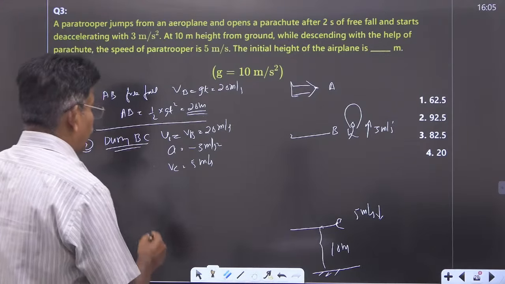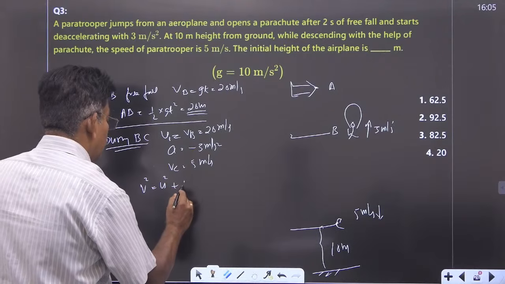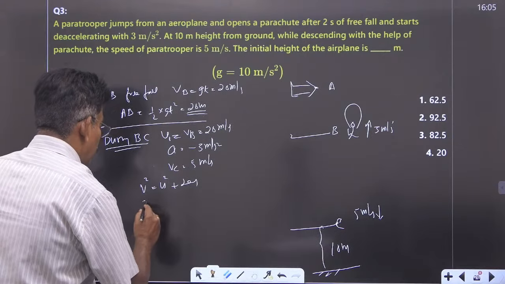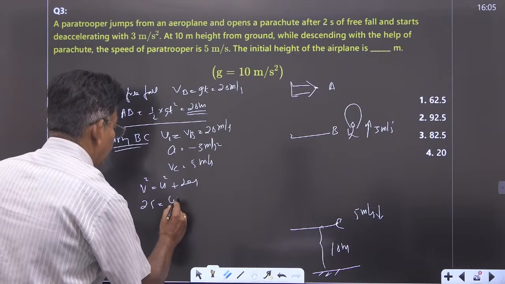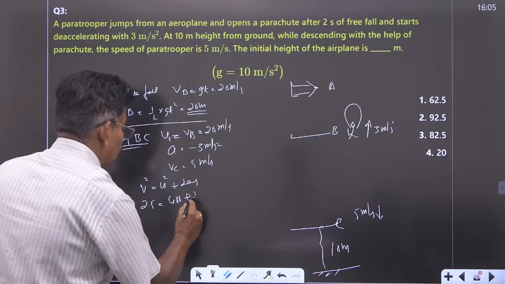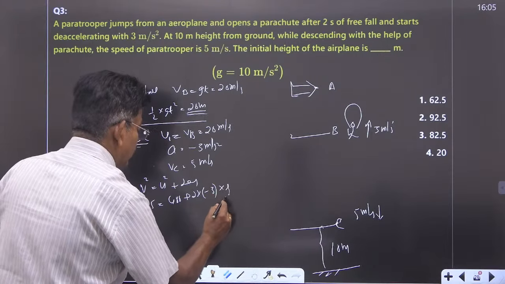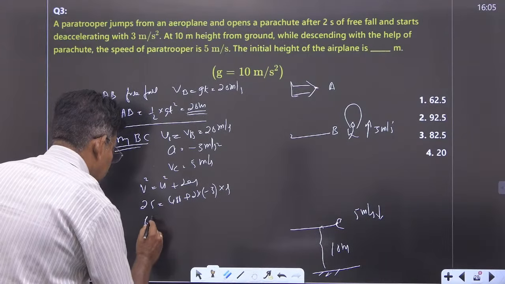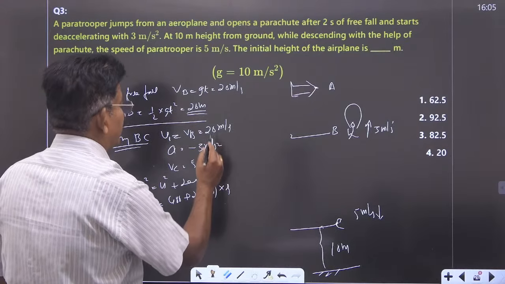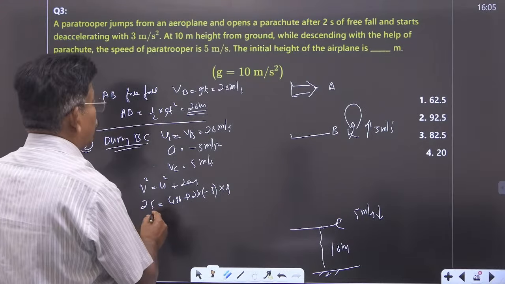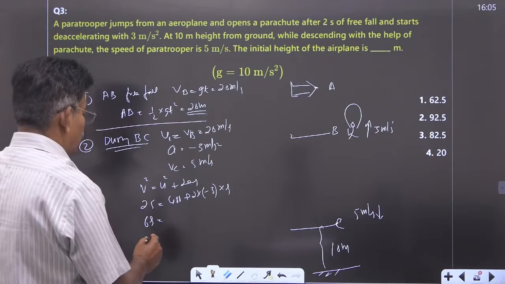Again, use the third equation: V square is equal to U square plus 2as. V square is 25. U square is given to be how much? 400. Correct? Plus 2 into acceleration, minus 3, into S. Initial velocity was how much? 20. 20 square is 400.